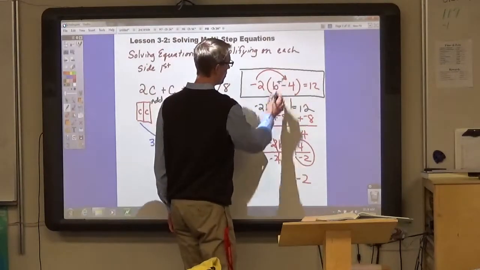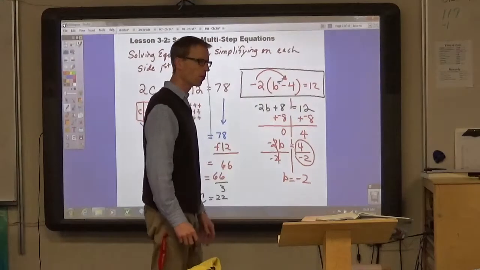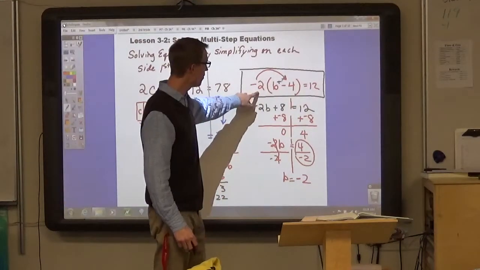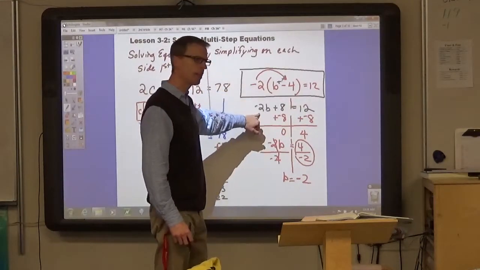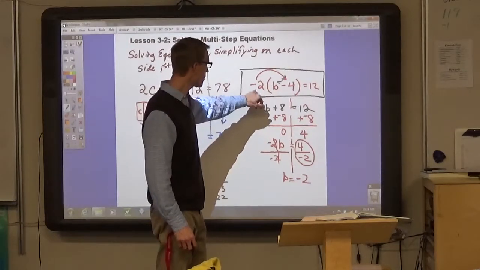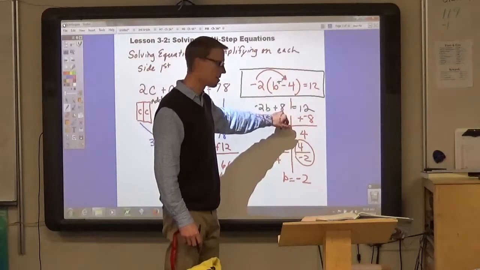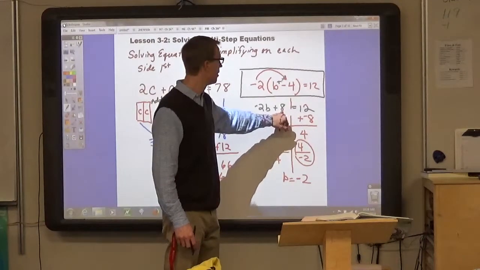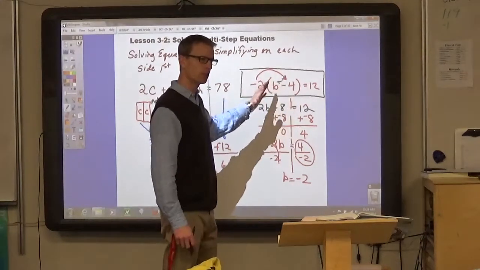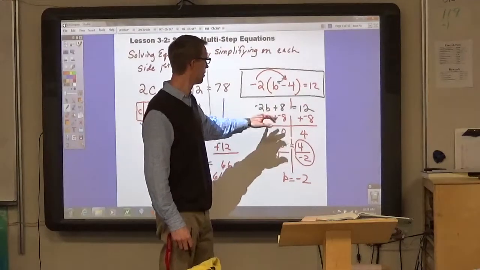We know that this is a plus -4, so we're multiplying -2 times b is -2b, and -2 times -4 is +8. So we had to simplify this first before we could solve it.